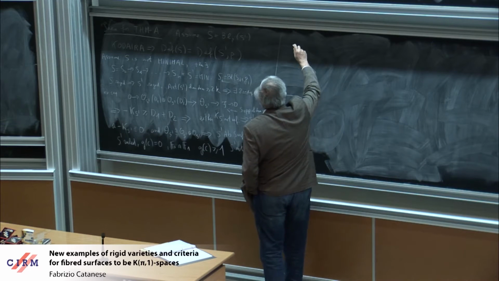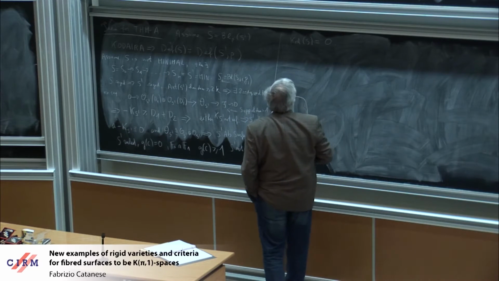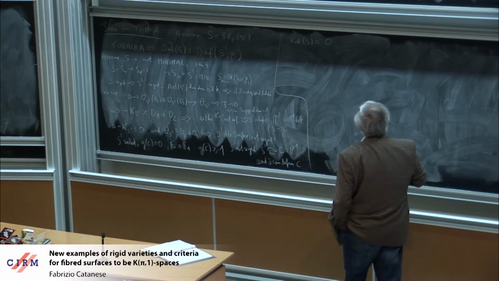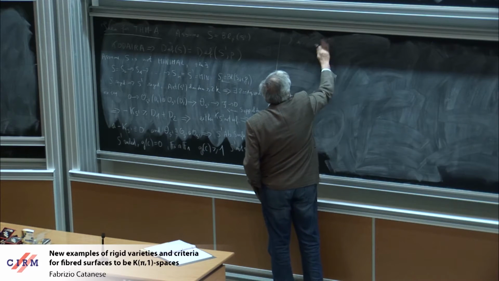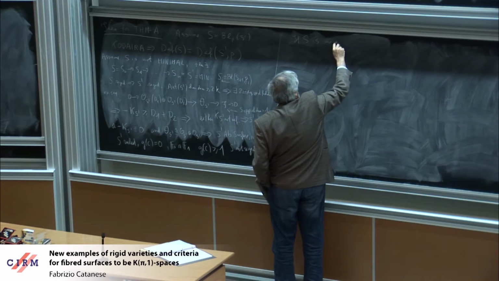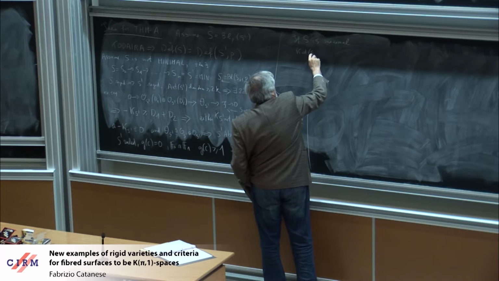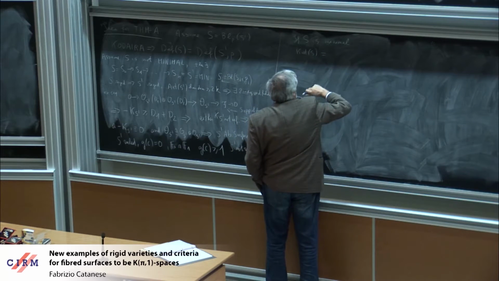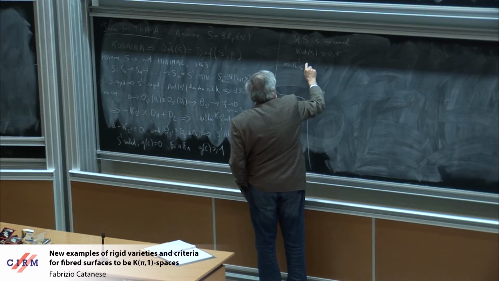And then, for instance, if S is minimal and Kodaira dimension is 0 or 1, then it follows that k squared is 0.